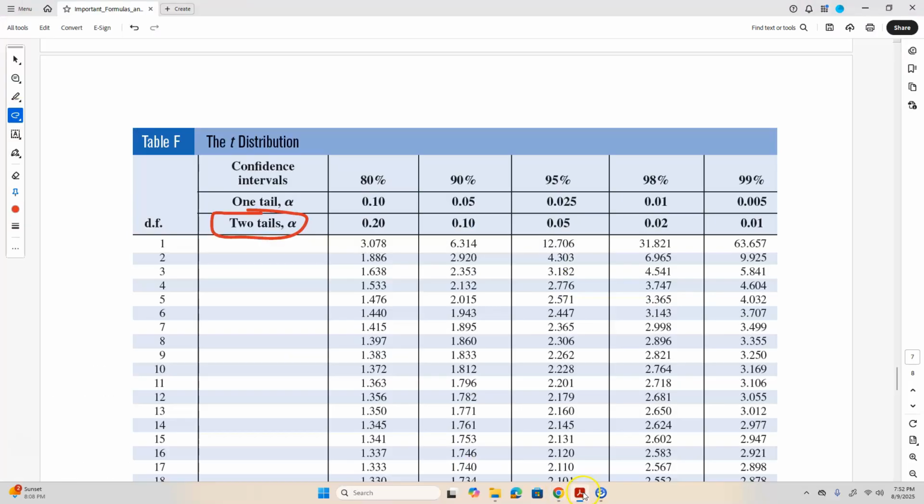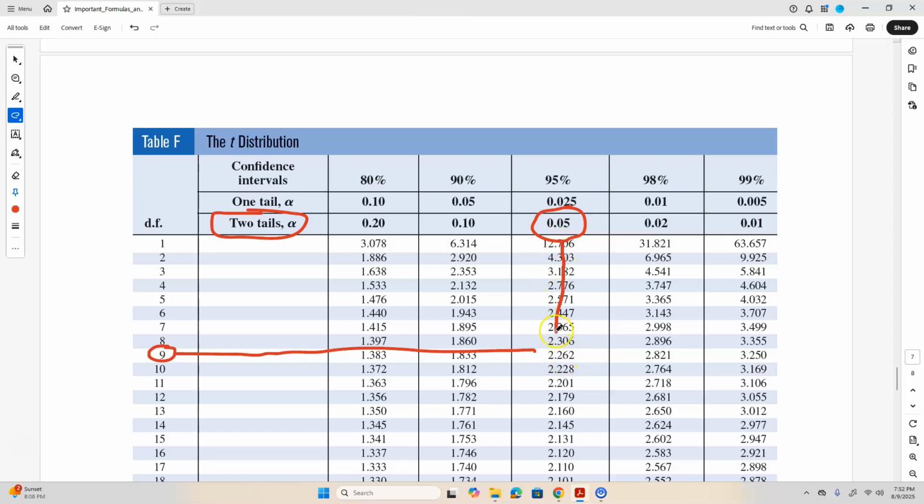Alpha 0.05. But now we're not going to go all the way to the bottom. We're going to stop at our degrees of freedom. Our degrees of freedom was 9. And so we're going to stop at this level to get our t value.